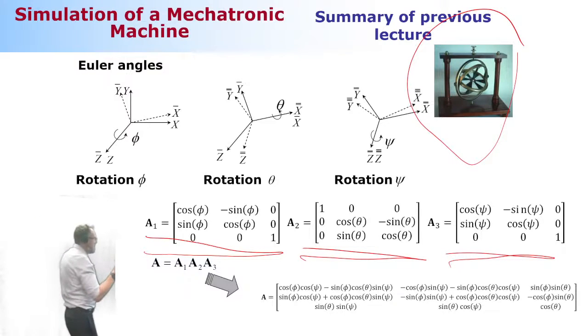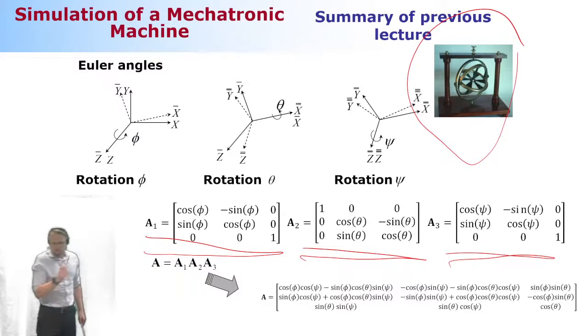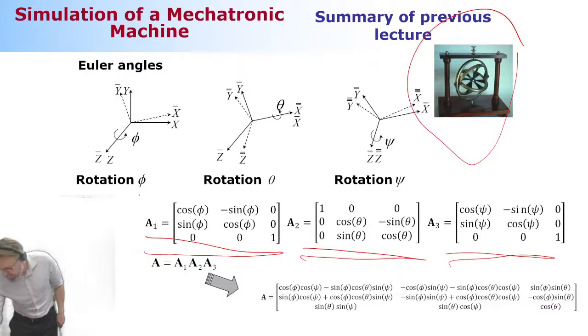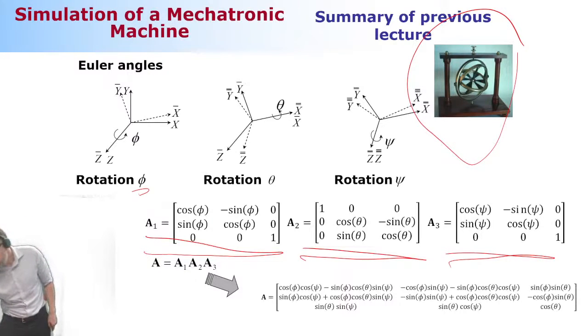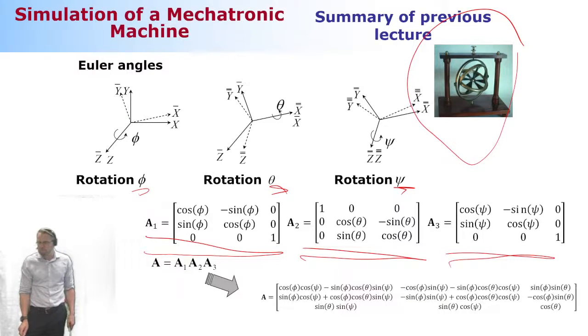And now I just need to remember this first rotation is an amount of psi. The second one is an amount of theta. And the last one is an amount of phi. So psi, theta, phi.